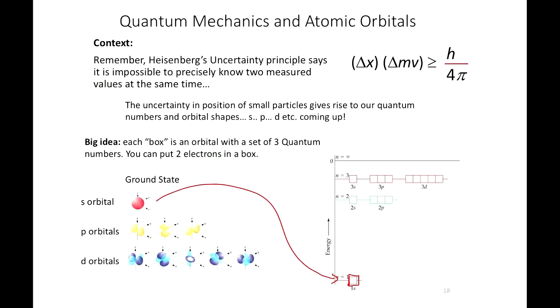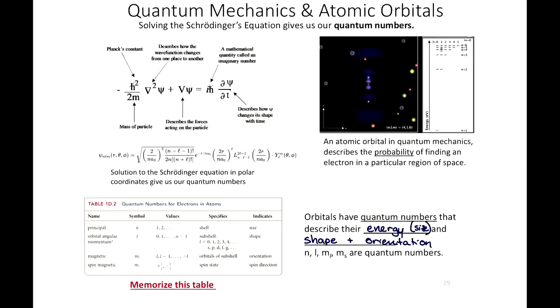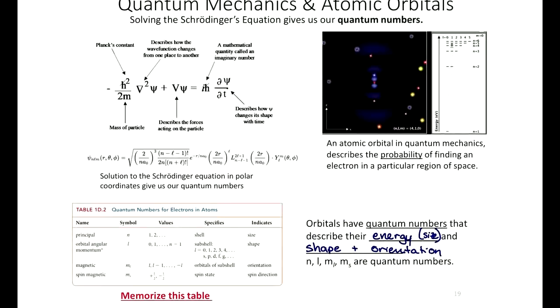In each box, you can put 2 electrons. And the reason is because of quantum numbers and solving the Schrodinger equation. All right, so here's the Schrodinger equation. It requires a new type of math. We're not going to study it, but really what this says is that the kinetic energy of your system, because if you look closely here, you see a mass value, mass of particle, and how the wave function changes from one place to another.